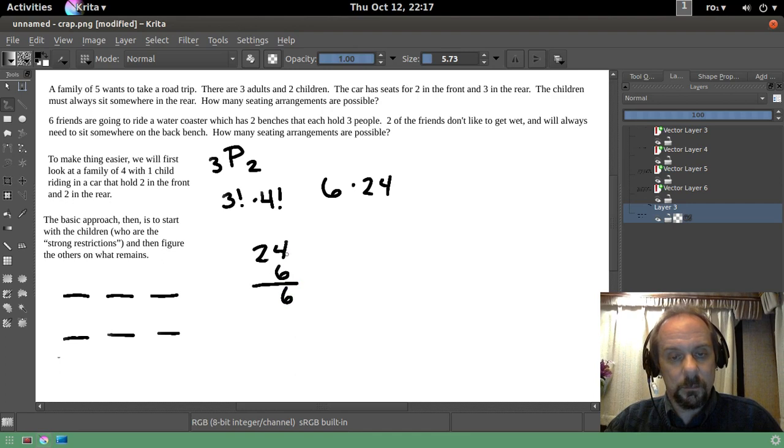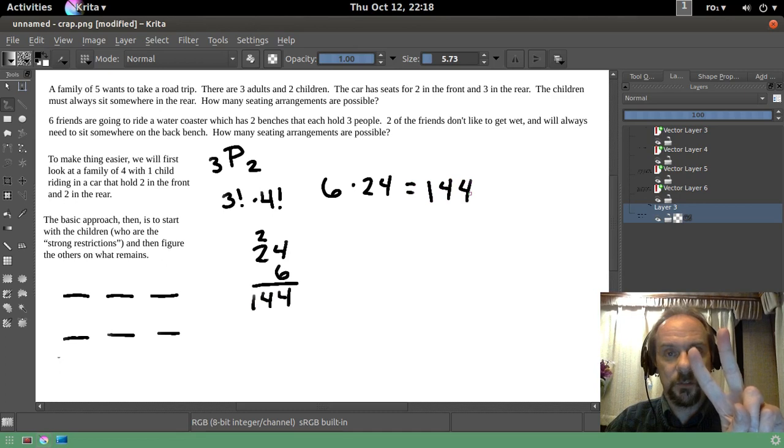Did I do this right? That's 6, 12, 24, and 12, 14. So a total of 144 possible seating arrangements if 2 of the 6 friends always want to be in back.